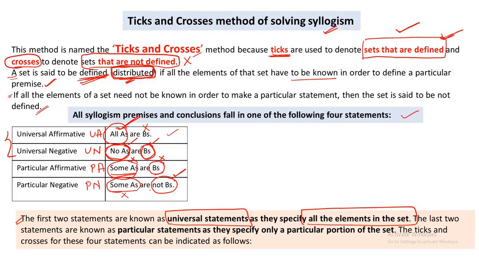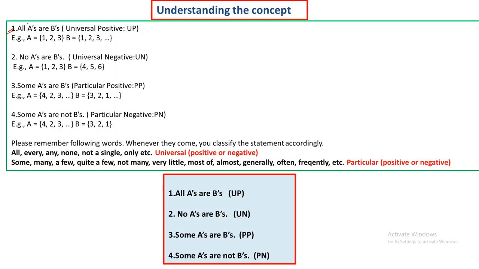Okay, let's understand further so that you don't get confused and you don't forget. Let's look into the first statement, all A's are B's, which is also called universal positive. The example of this statement would be: we know all the elements of A, 1, 2 and 3, and the elements of B are 1, 2, 3 and so on to infinity or whatever.